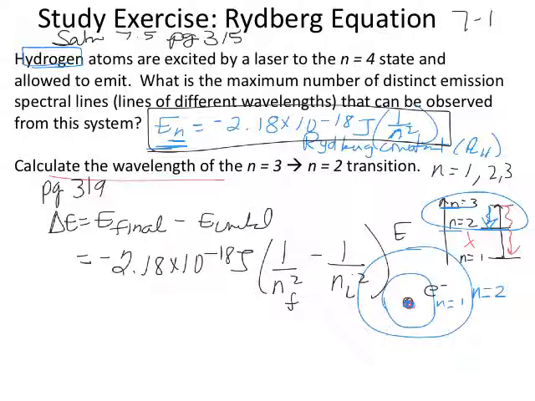The first thing you want to do is work this part of the equation. Your transition is n sub 3 to n sub 2, so n final is 2 and n initial is 3 because you started at 3.